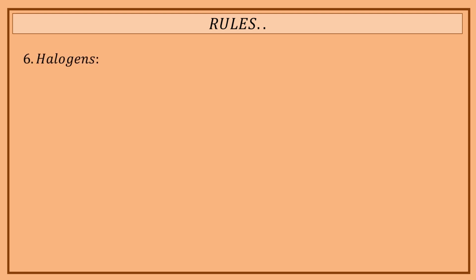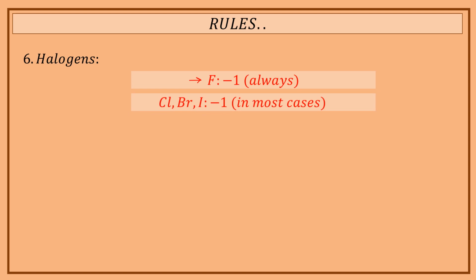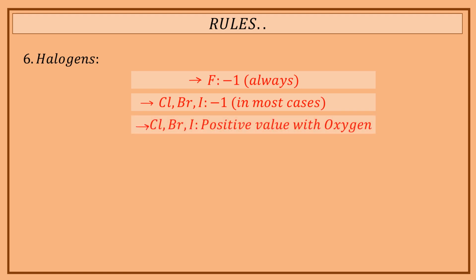Halogens, as we just saw, for fluorine it is always -1. For the rest of the halogens, that is chlorine, bromine and iodine, we will see that the oxidation state will be -1 in general cases. However, if they are connected with oxygen in any compound or ion, then we can be sure that their oxidation state will be positive.